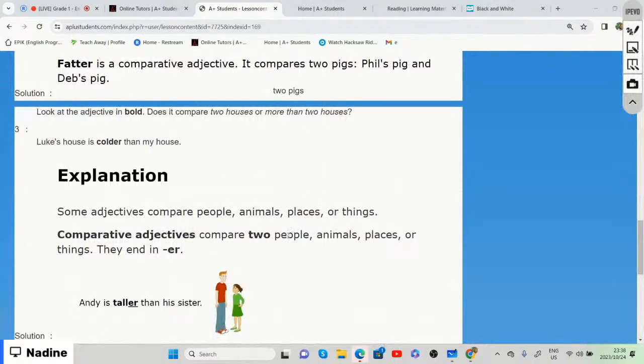Are we comparing two houses or are we comparing more than two houses?